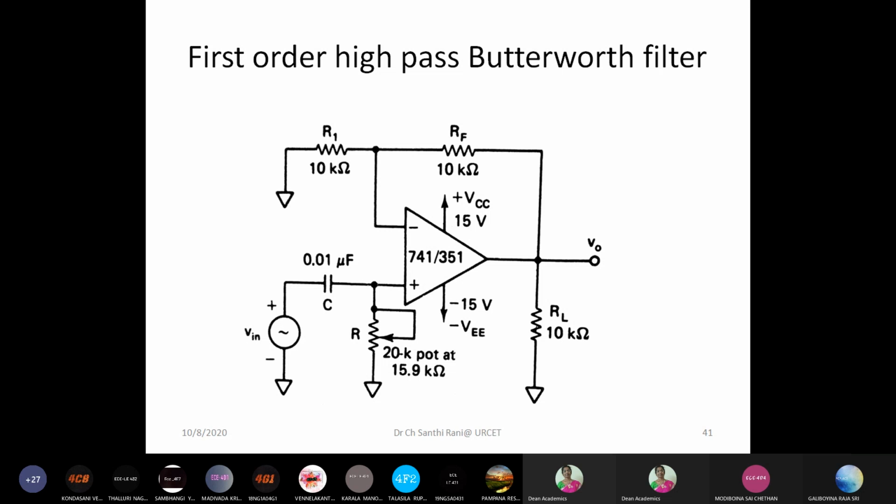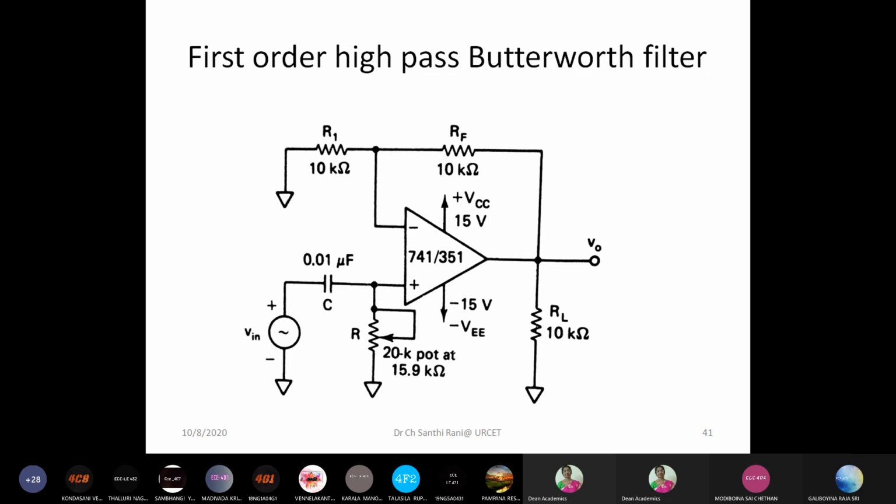That means we can design first order filter, second order filter, then third order, fourth order, any higher order you can design. So why do we go for the order of the filter? When we were discussing the second order low pass filter, I mentioned, right?